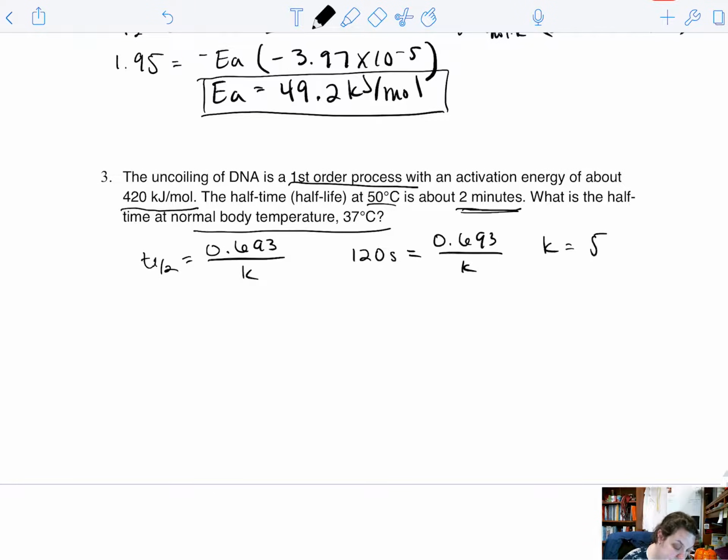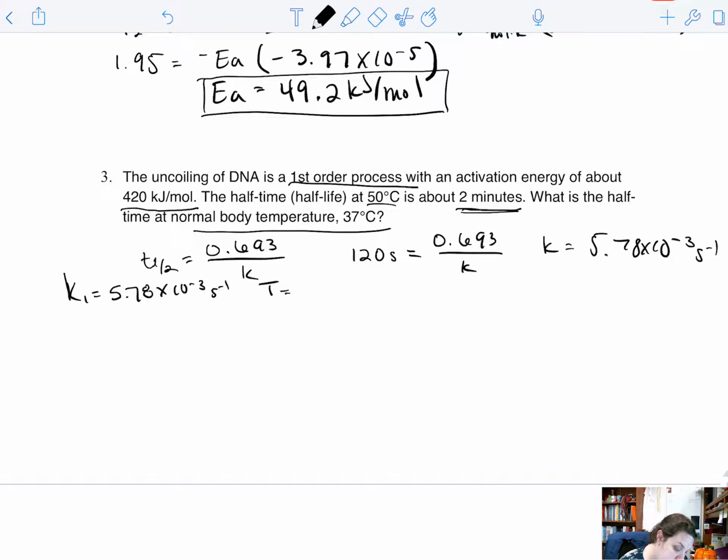Putting that in, we get a K value of 5.78 times 10 to the negative 3 seconds to the minus 1. Okay, so we would say that our K1 is equal to 5.78 times 10 to the negative 3 seconds to the minus 1.